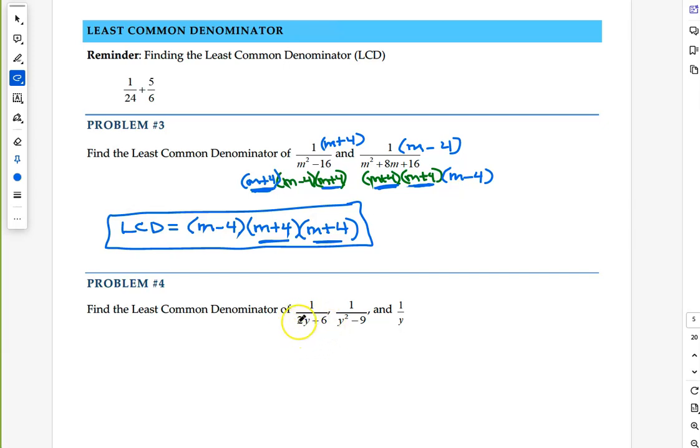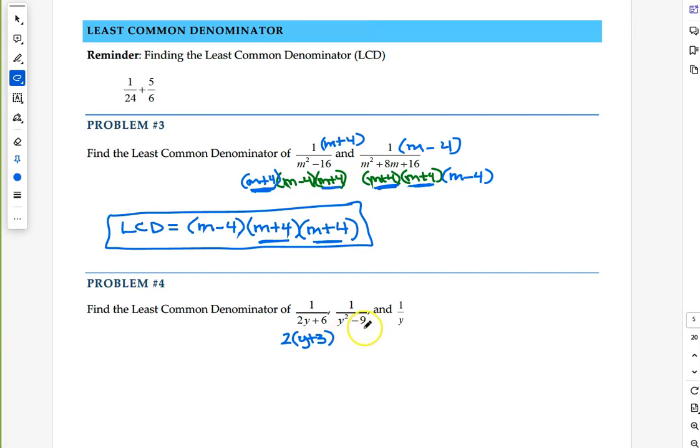So on problem 4, on this first fraction, I have 2 as a greatest common factor of 2y and 6. So I'm going to factor that out, and that leaves me y plus 3.